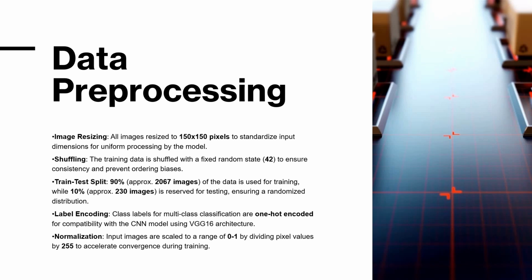To train the model, I used 90% of the dataset from the total data. The other 10% were used for testing. I encoded the labels with the one-hot encoding method.